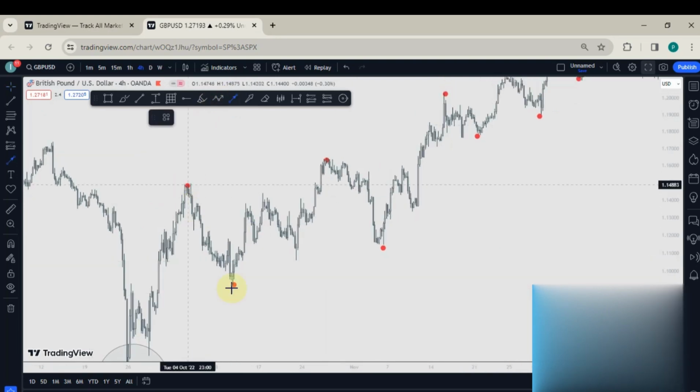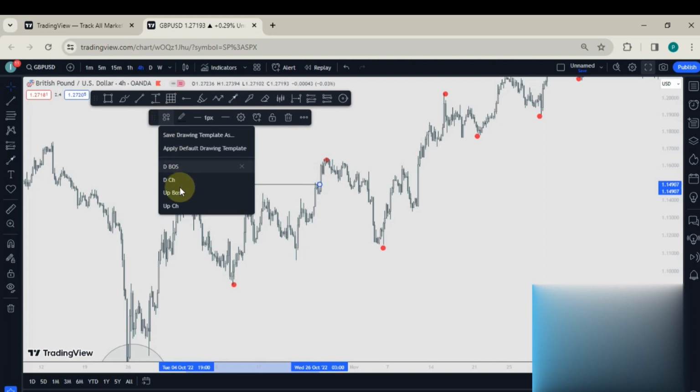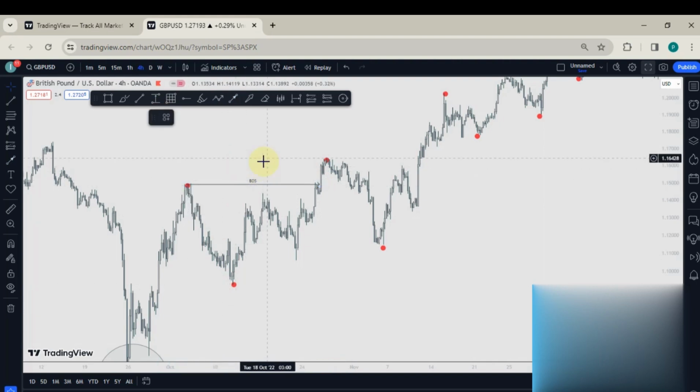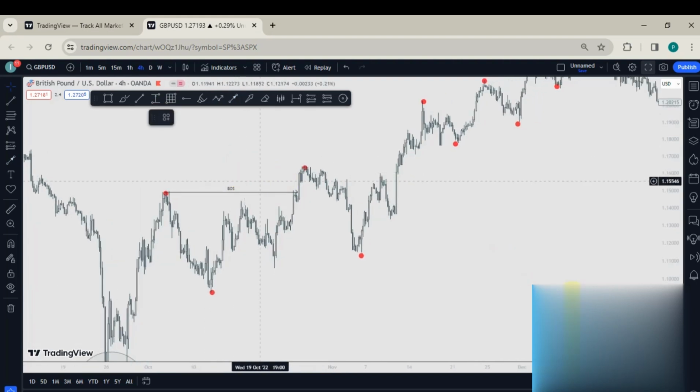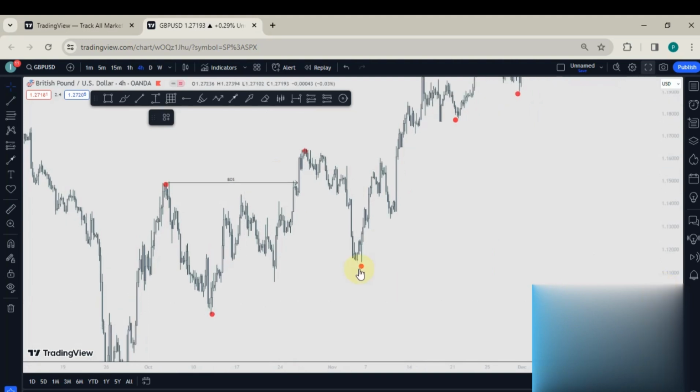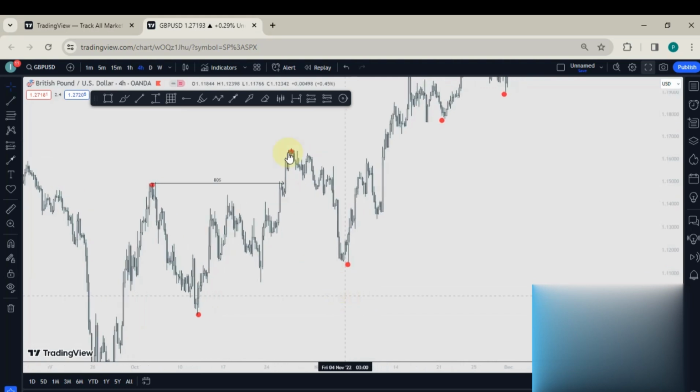As you can see, this higher low broke this lower low, forming a breakout structure. And what we can see is that every time a lower low will react from something, you understand?